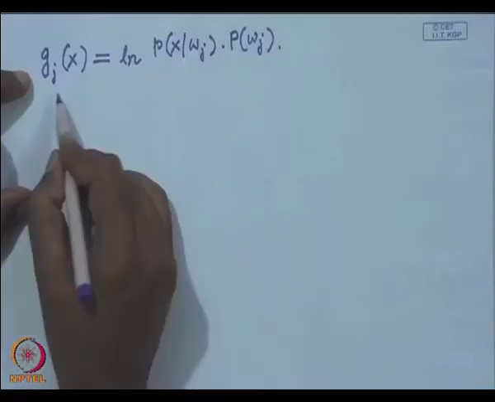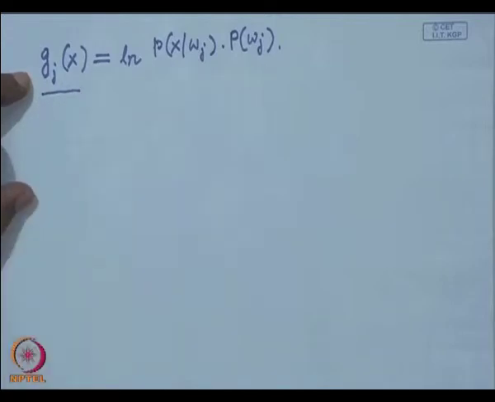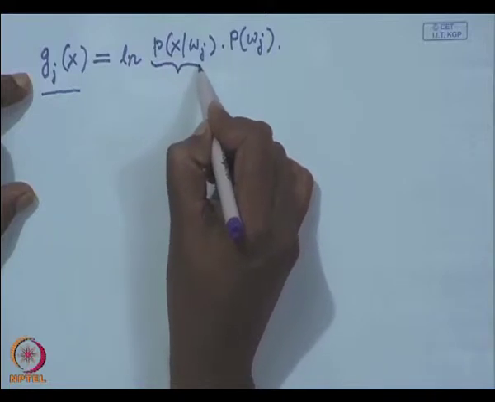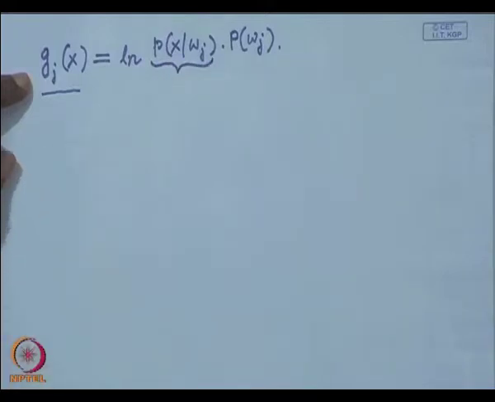So, when we found the expressions for g x, the discriminating function, we assumed that p of x given omega j, the class conditional probability density function, follows a predefined form: a Gaussian distribution or a normal distribution.